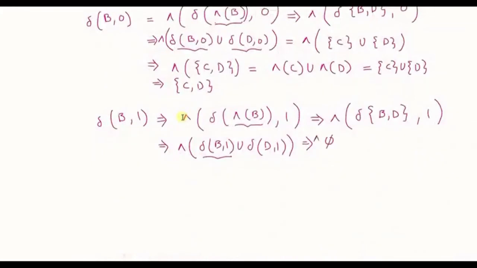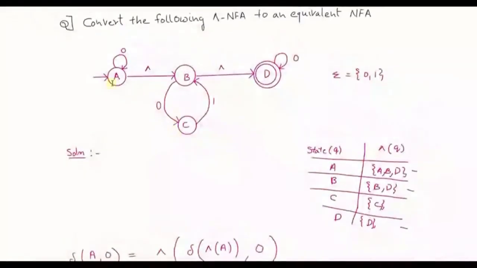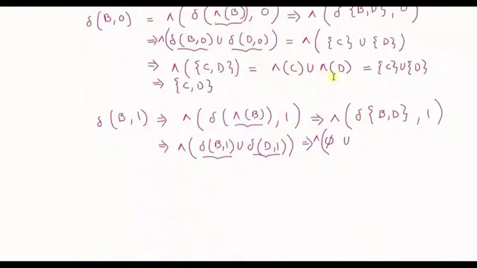Of course it is epsilon closure of this whole thing, union D on 1. From state D on reading 1, where do you go? From state D on reading 1 also you don't go anywhere, so this is also null. And always remember, null closure of null always gives you null.